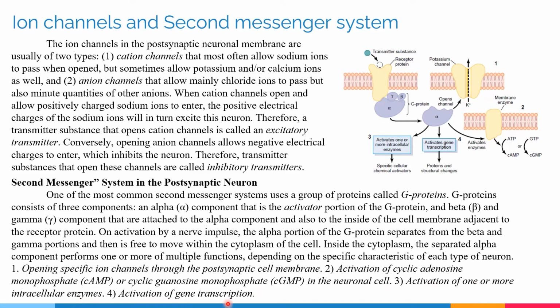Thus, after receiving the initial signal, that is the nerve impulse, the secondary messenger system will carry on this particular signal and convert the nervous impulse into special responses by the neuronal cell.